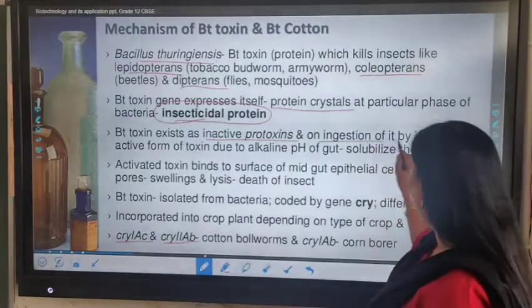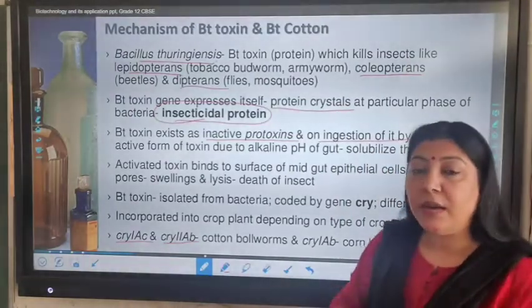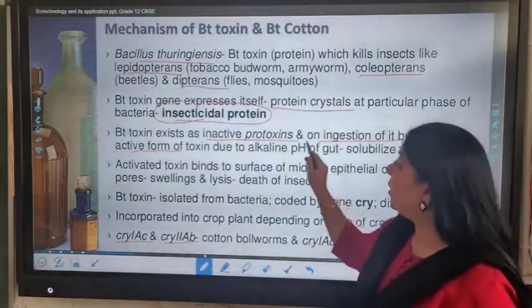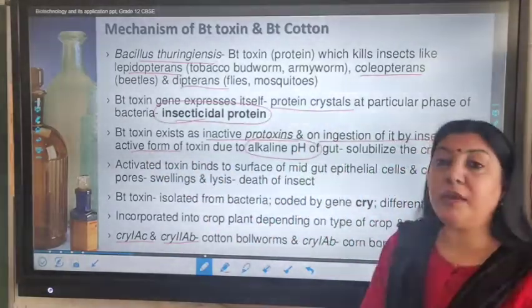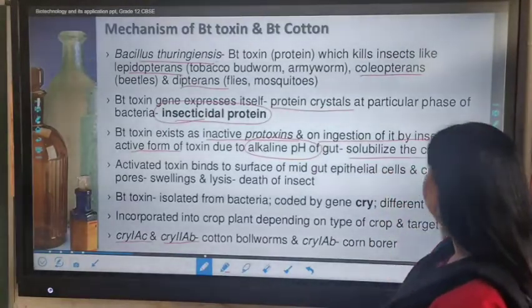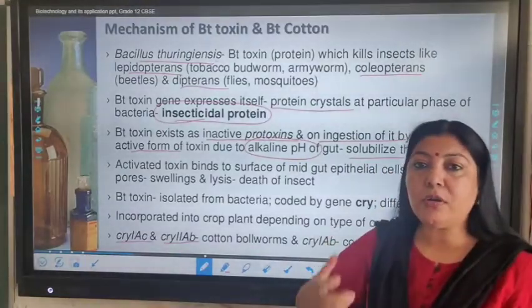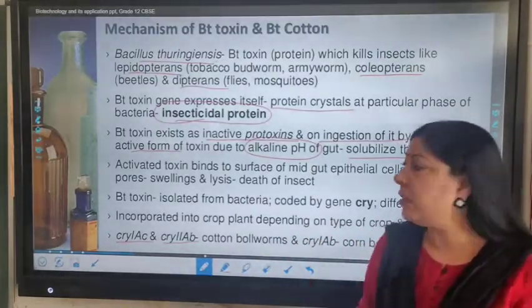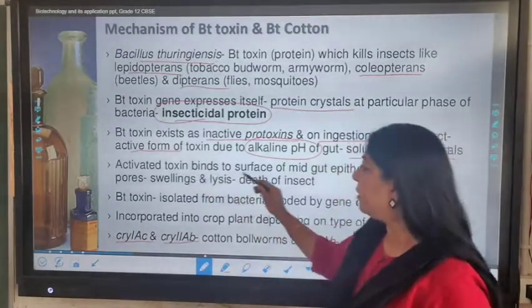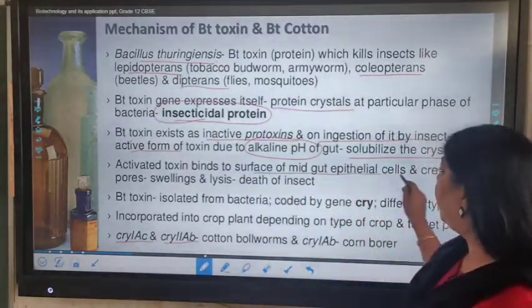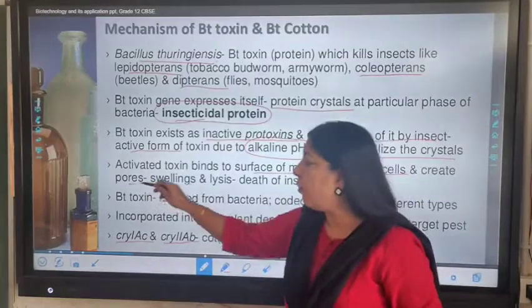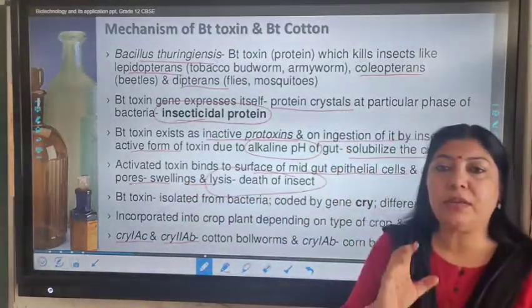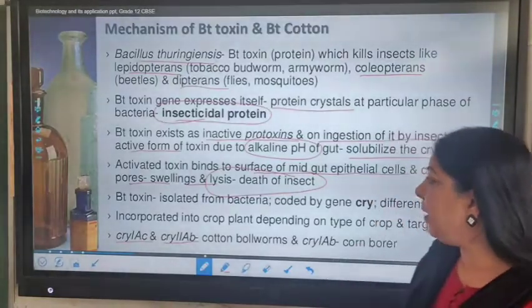But on ingestion by the insect, it comes into an active form, because the alkaline pH of the gut solubilizes the crystal and the pro-toxin becomes toxin. The activated toxin binds to the surface of the midgut epithelial cells and creates pores and swellings, ultimately causing lysis, which is the cause of the actual death of the insect.